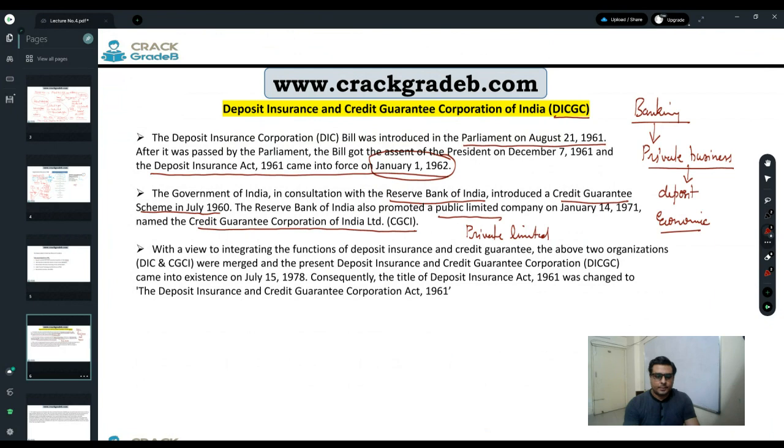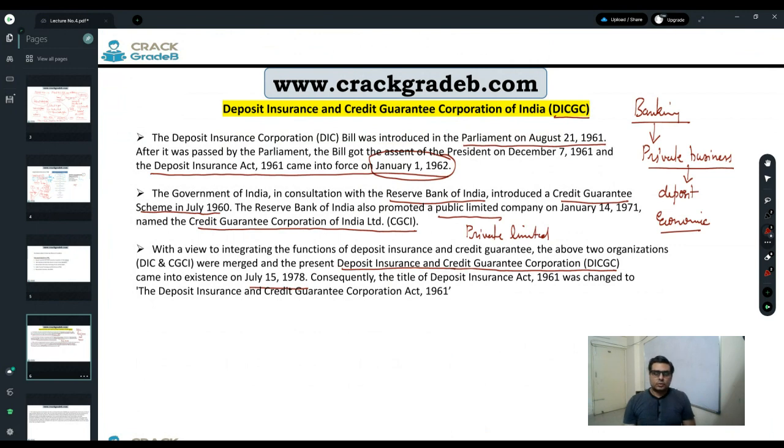That is why later on, these two organizations were merged, and finally on July 15, 1978, the Deposit Insurance and Credit Guarantee Corporation of India was established. These two organizations were merged.